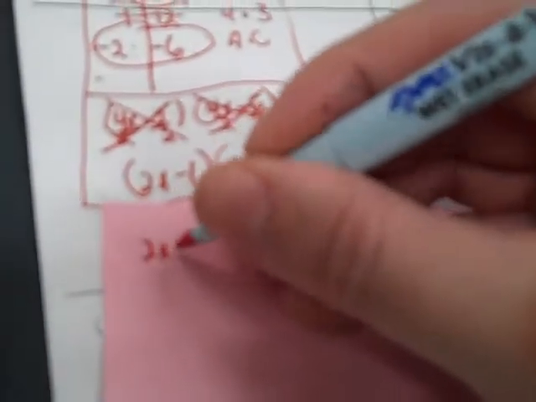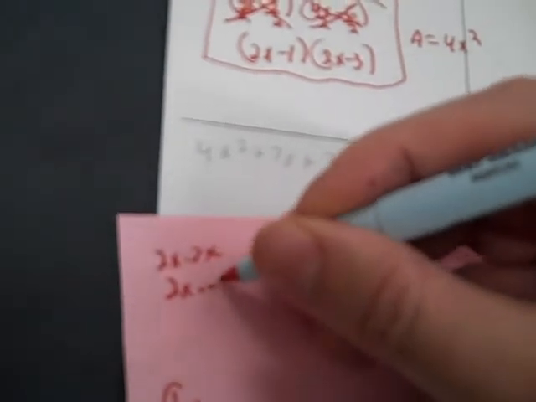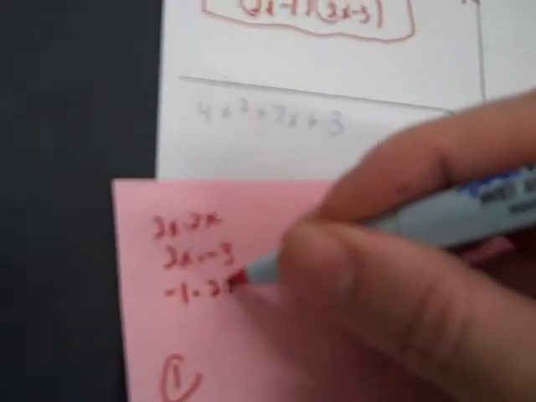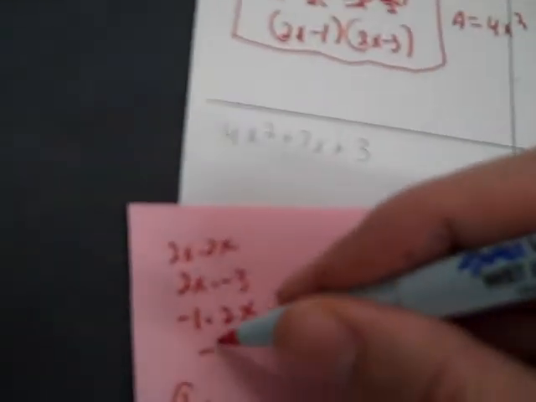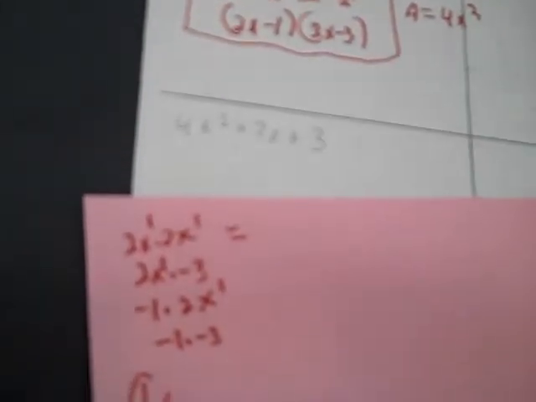Now watch what I do here on the pink paper. If I were to multiply that out, I would take 2x times 2x, using my first-outer-inner-last procedure, I guess. I would take 2x times negative 3. I would take negative 1 times 2x. And I would take negative 1 times negative 3. So those are all first powers. Watch what I'm doing here. It'll make more sense.